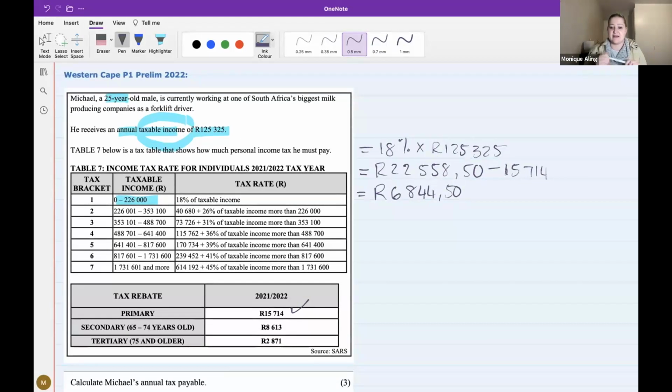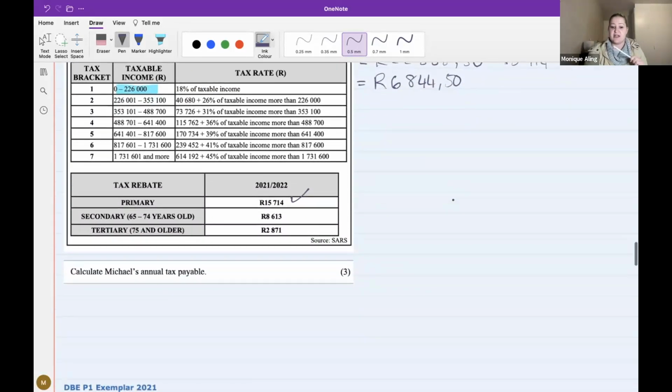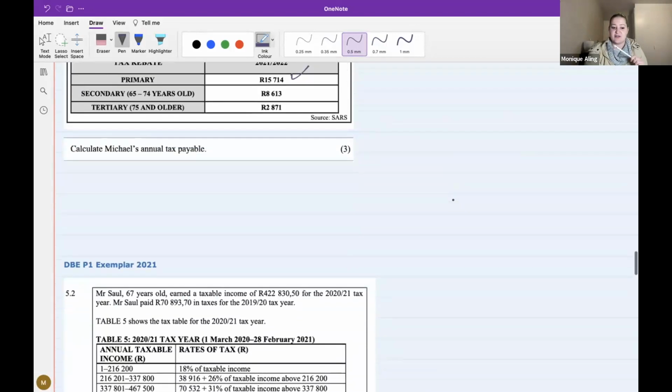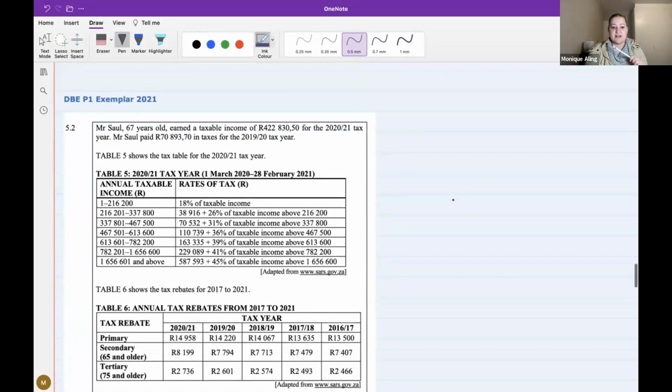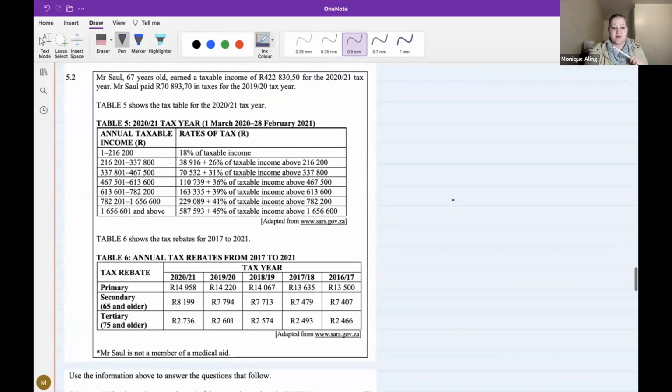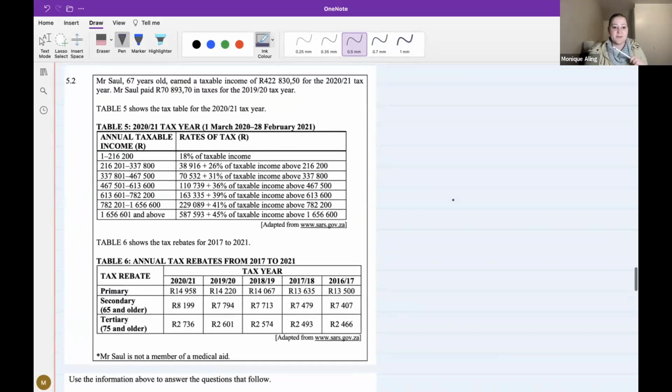Okay. Going to move on to the next question. So this was an exemplar paper from 2021. Okay, so practice paper. Mr. Saul, 67 years old, earned a taxable income of 422,830 Rand and 50 cents for the 2020-2021 tax year.